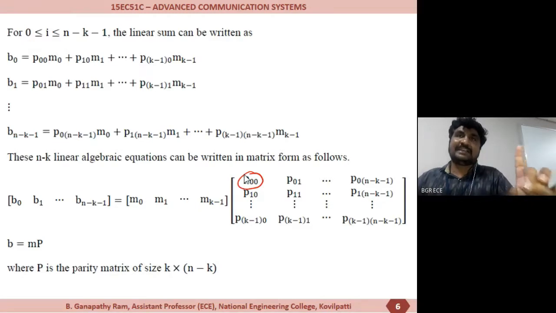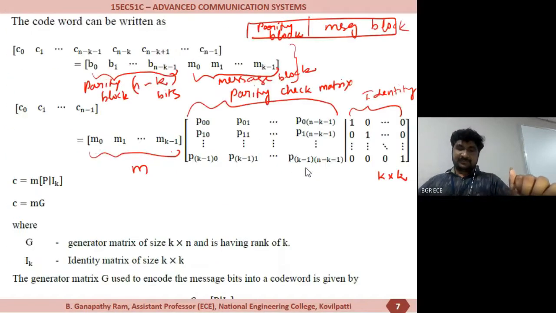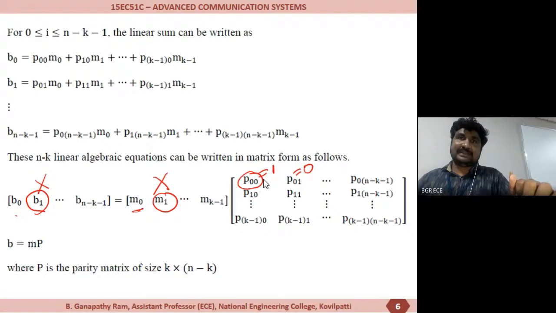If it does not have the correlation, then it is represented by 0. For example, if b0 has the correlation with m0, then p00 will be 1. If suppose b1 and m1 do not have the correlation, then p11 will be entered as 0. This is how the entries of the parity matrix are filled. And we already know that this parity matrix is of size k cross n minus k.